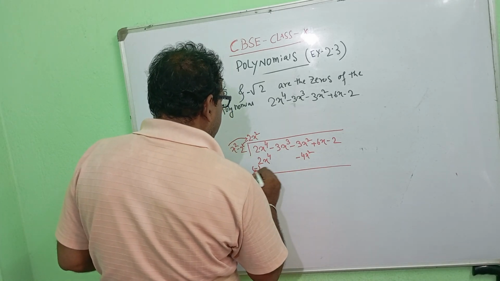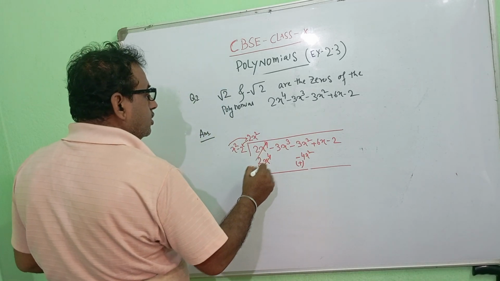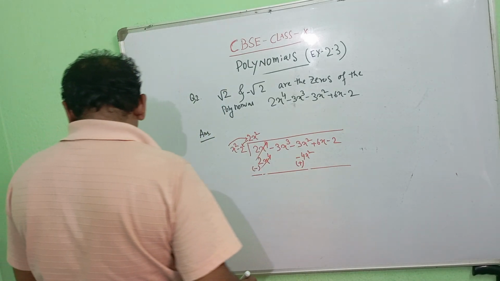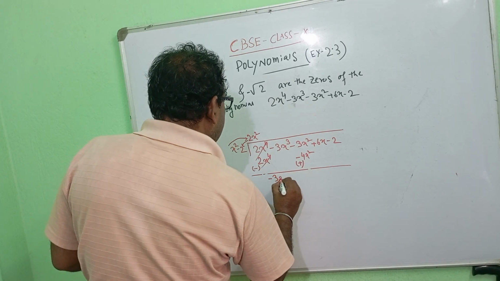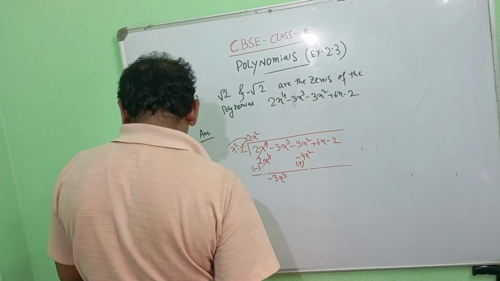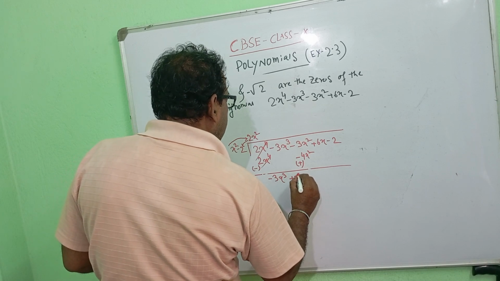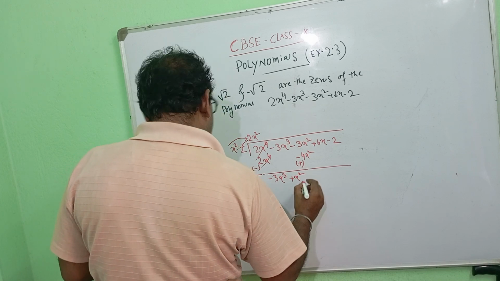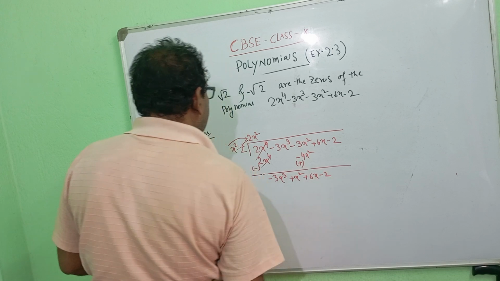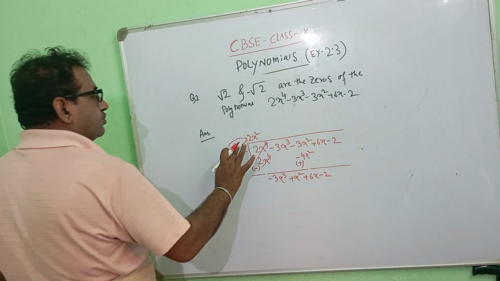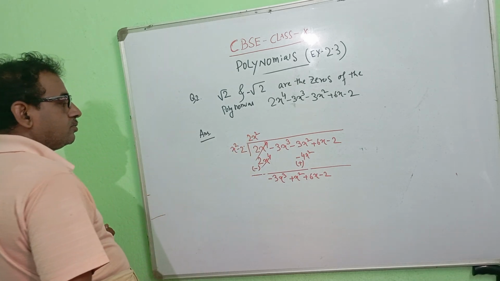This is minus, this is plus. This one is cancelled. So what comes? Minus 3x cube plus x square plus 6x minus 2.